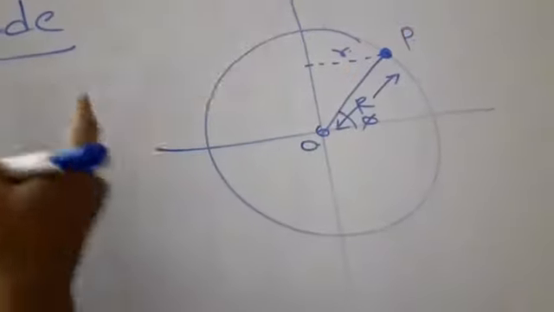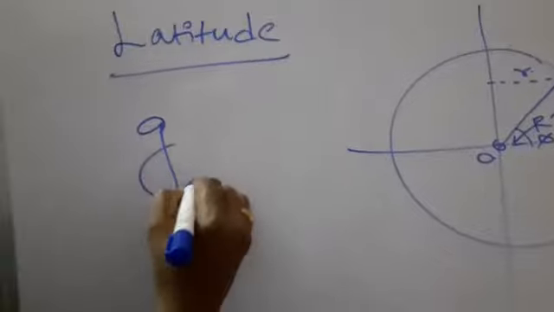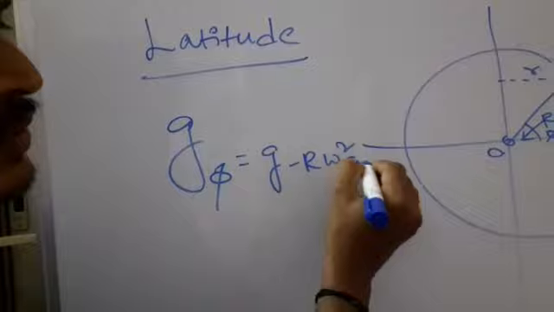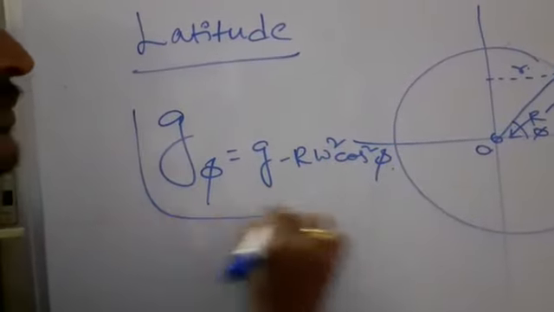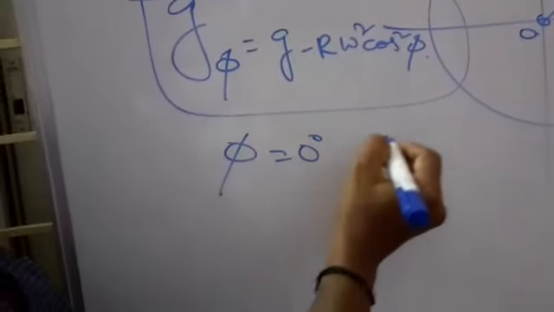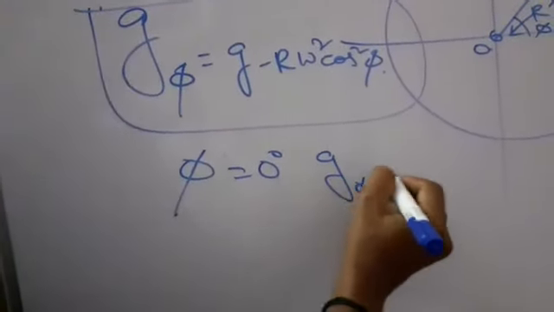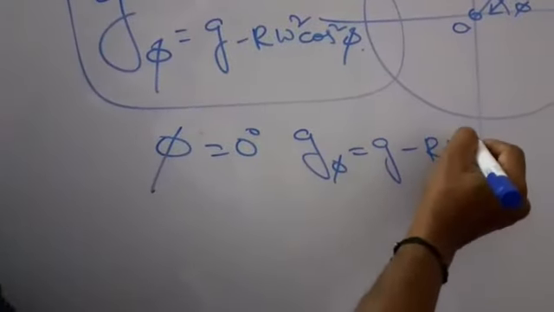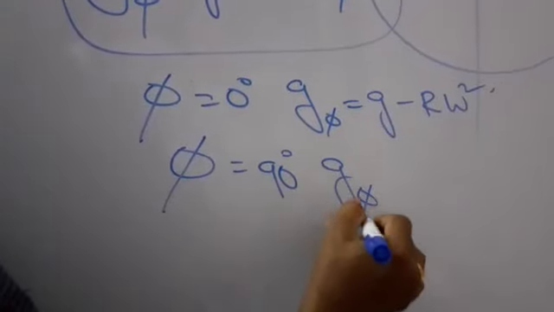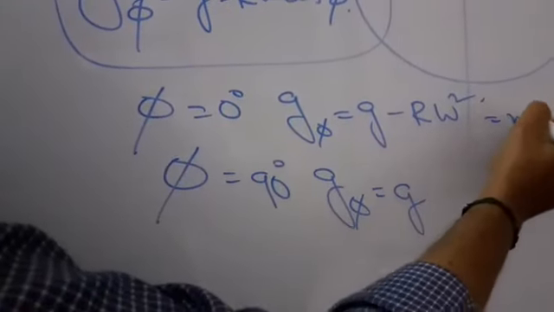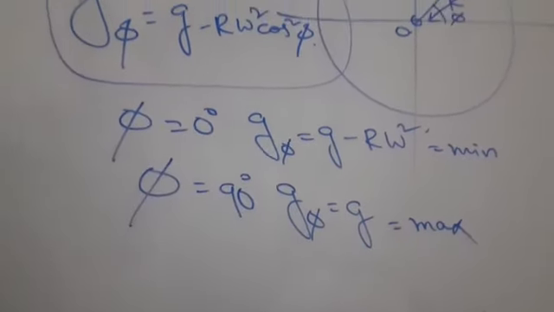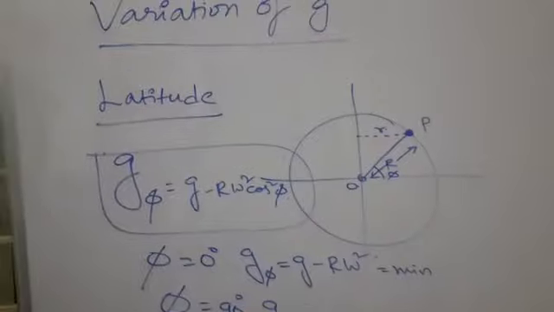When the particle is at a latitude, g phi is equal to g minus r omega square cos square phi. So when phi is equal to 0 degrees, g phi is equal to g minus r omega square. When phi is equal to 90, g phi is equal to g. This is the minimum, and this is the maximum.